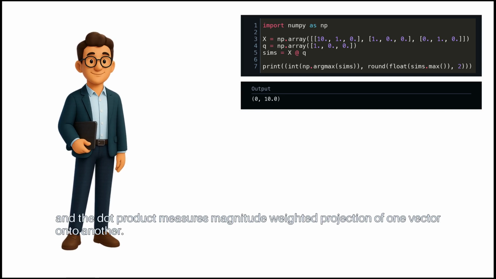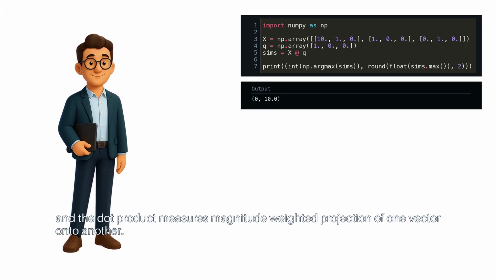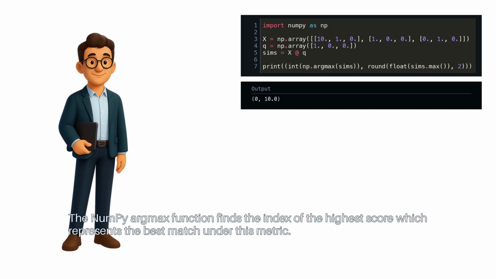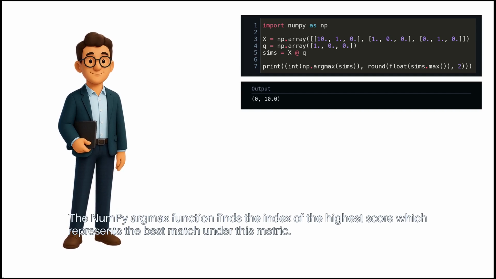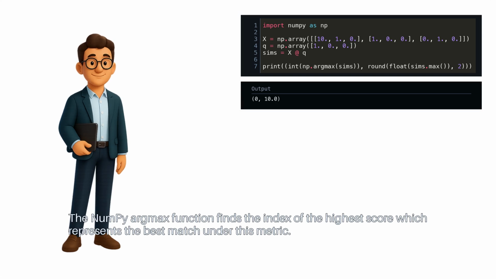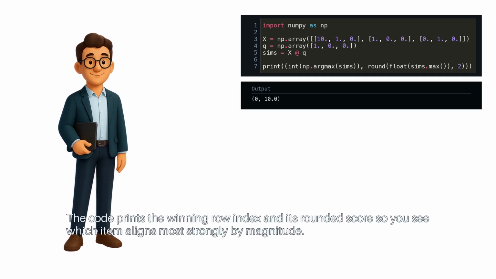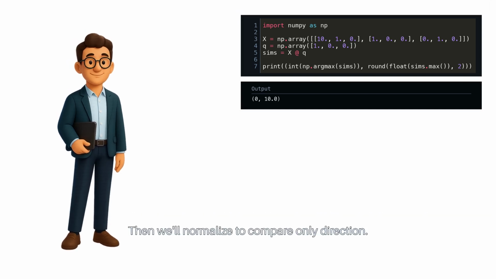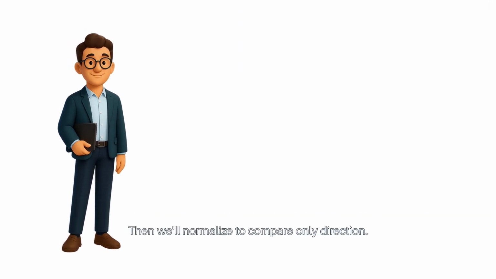The dot product is a magnitude-weighted projection of one vector onto another. The numpy argmax function finds the index of the highest score, which represents the best match under this metric. The code prints the winning row index and its rounded score, so you see which item aligns most strongly by magnitude. Then we'll normalize to compare only direction.